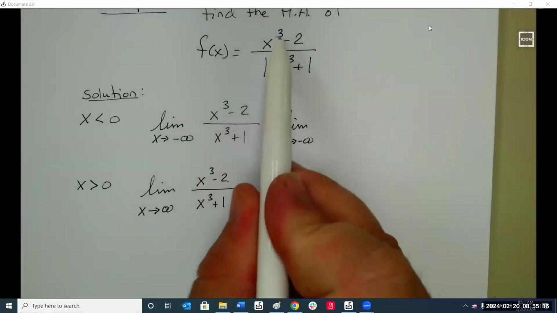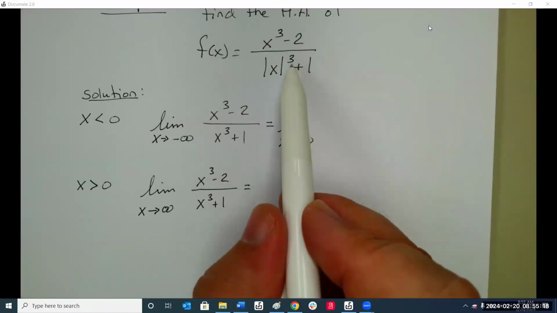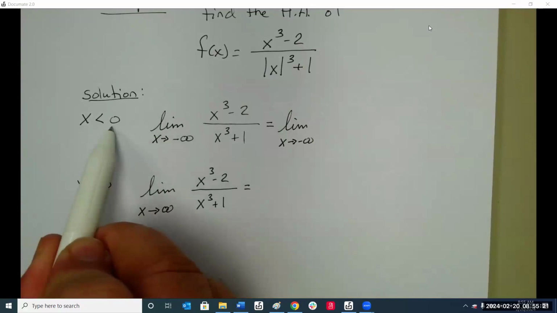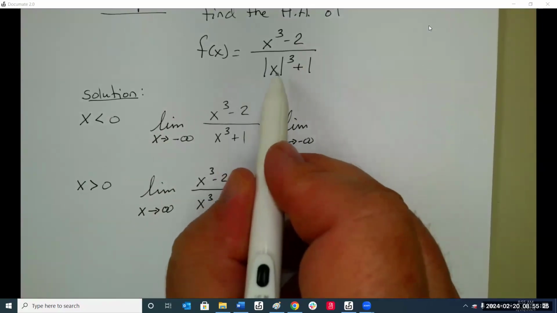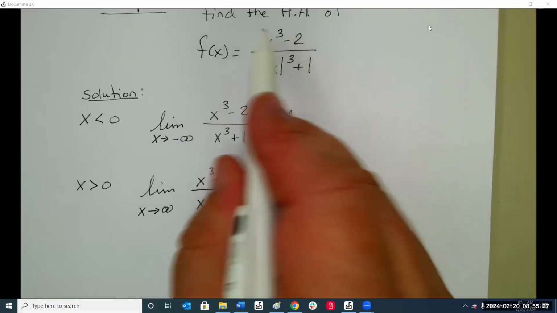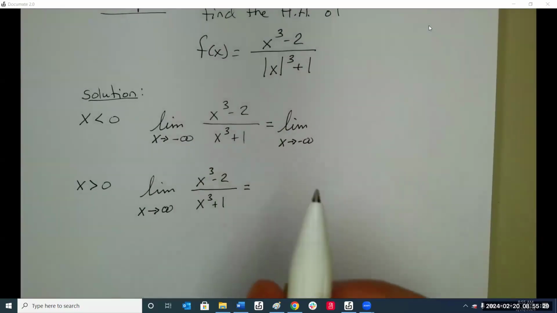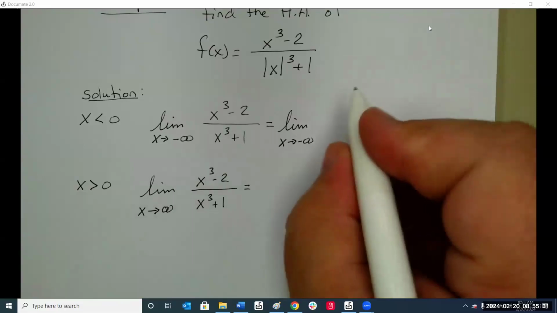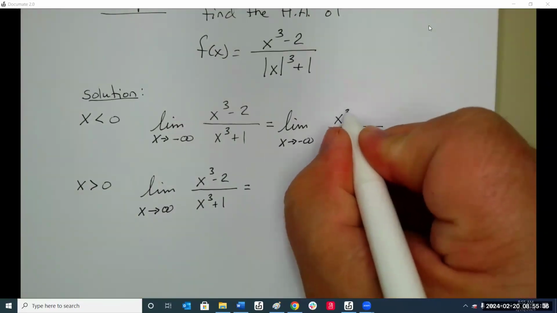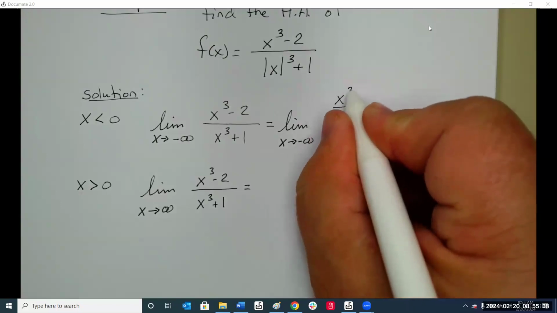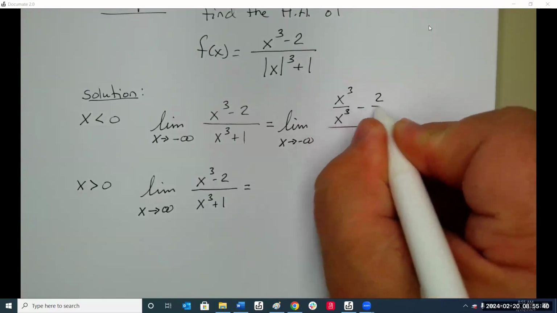So since we have an odd powered function, odd root function, then we have to look at negative x's and positive x's. That'll take care of that because the bottom's always going to be positive. The top can change signs. So when x is negative, we divide each of these terms by the largest exponent or variable.